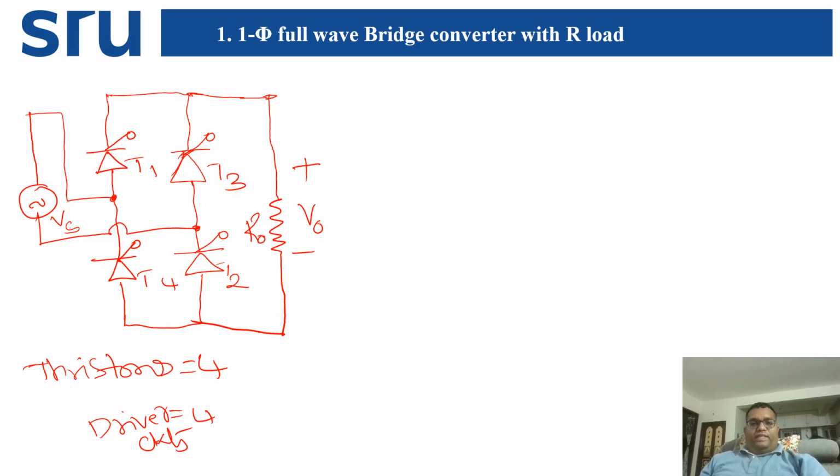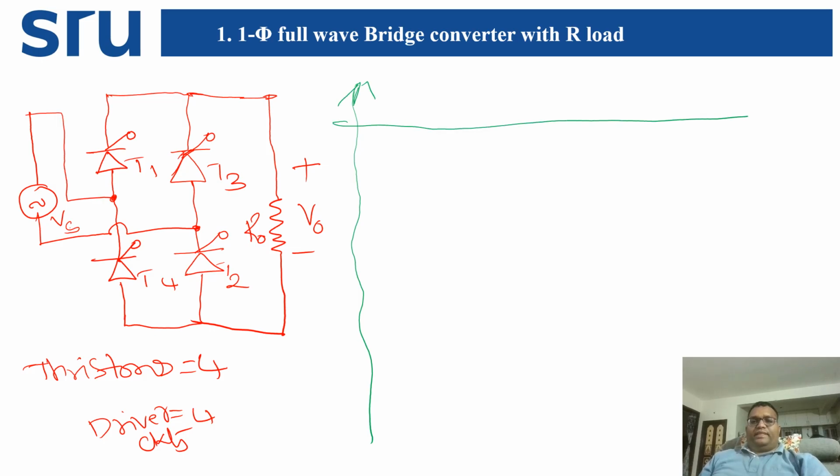Let us draw a vertical line. First we will take the source voltage. For testing we take one cycle, and this is the second cycle, with duration omega t.